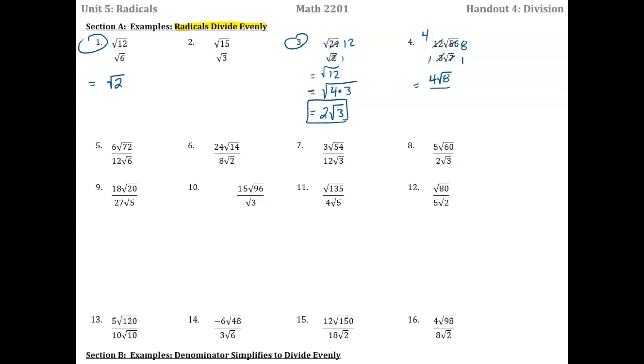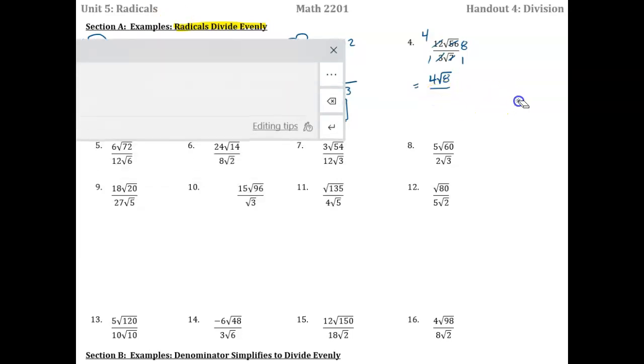And here you have 1 times root 1. Root 1 is just 1. So root 1 will give you 1. So 1 times 1 is just 1. So the denominator here is really just a 1. So that's why we don't write this in here.